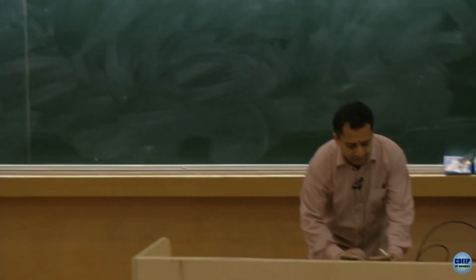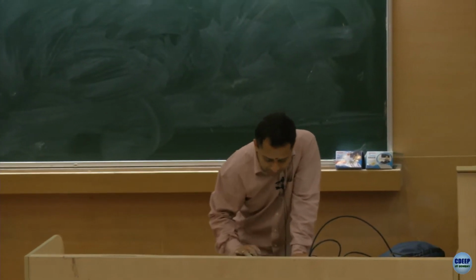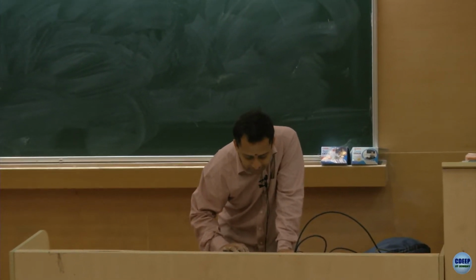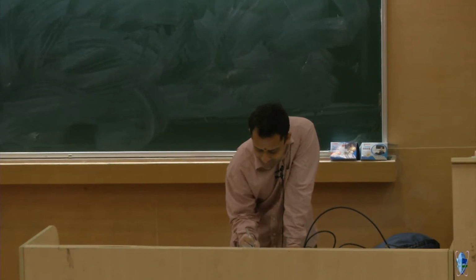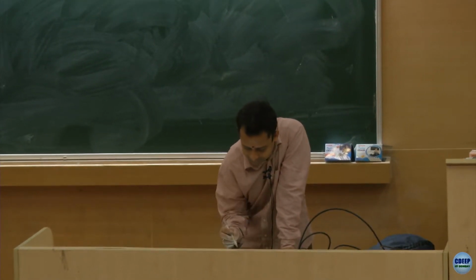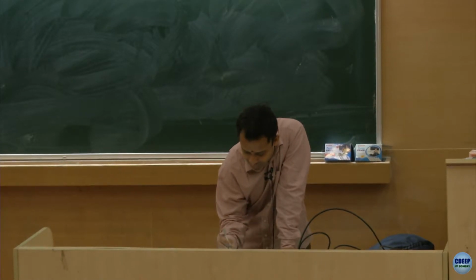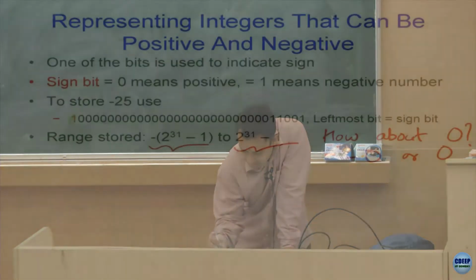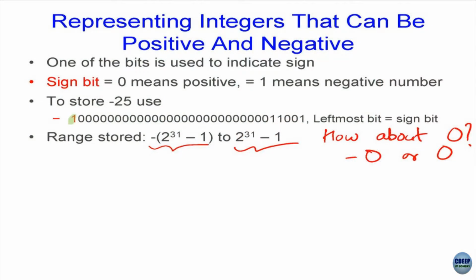So to store negative, you could just flip the first bit. So this is what you could do to store, say, minus 25. So one of the bits can be used to store the sign. So sign bit 0 means positive, sign bit 1 means a negative number, right?